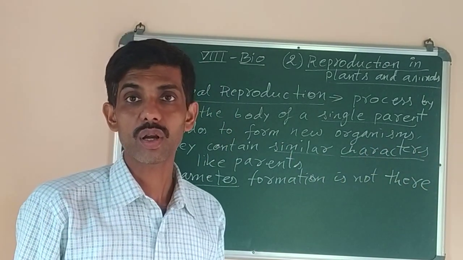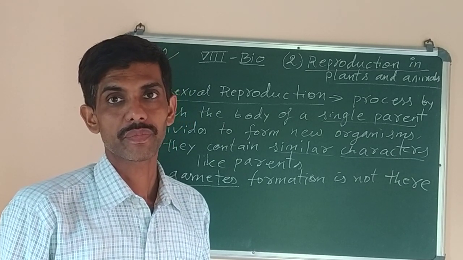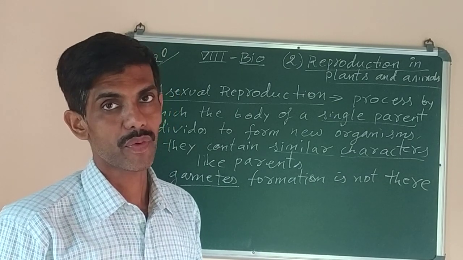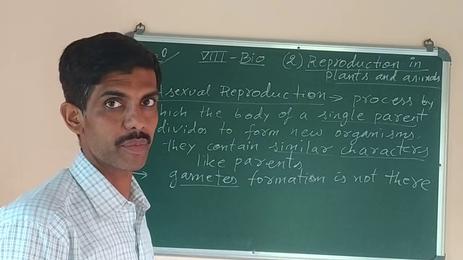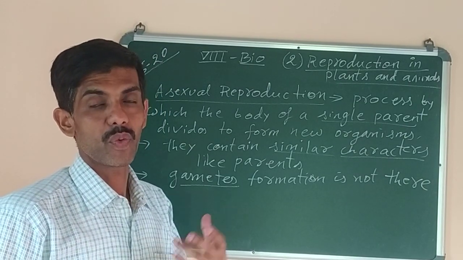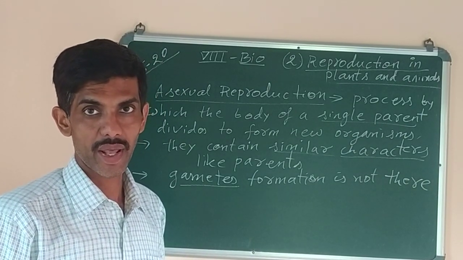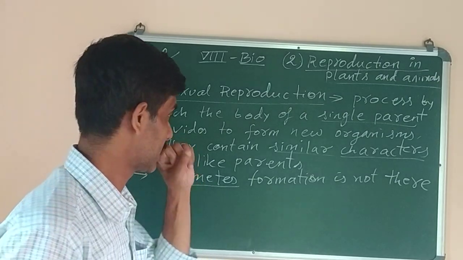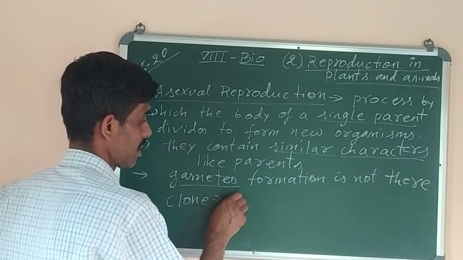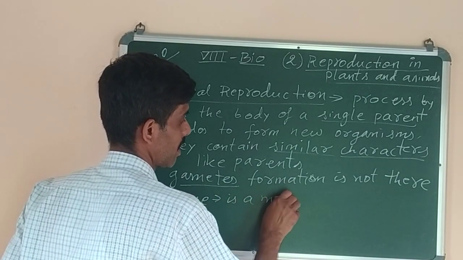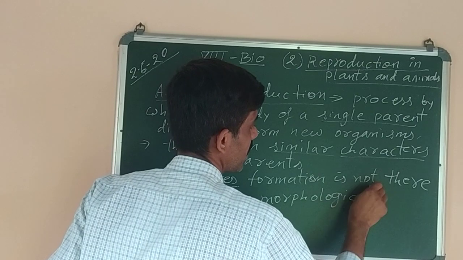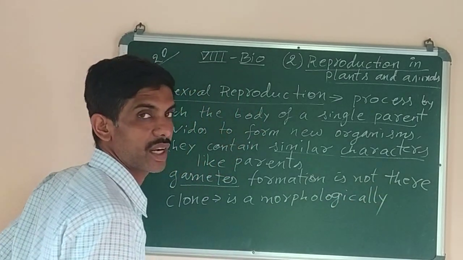So it is also called clone. What is clone? Clone is the organism which shows similar morphological characters like their parents. Means from the single parent, a new organism is formed which shows similar characters like their parents. They are called clones. Morphological means externally, external features.